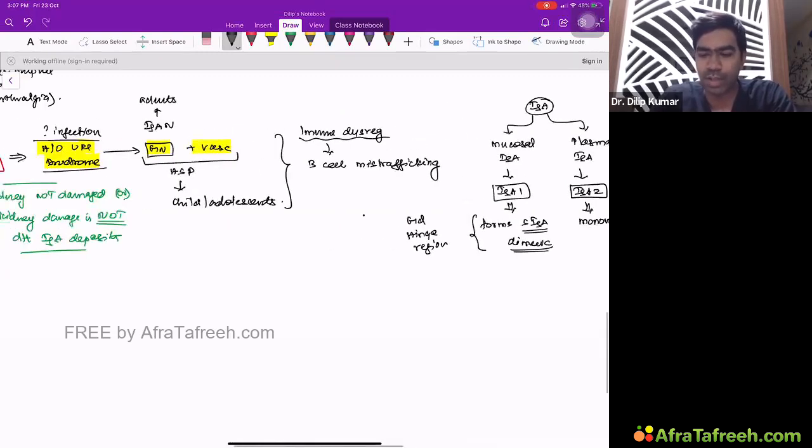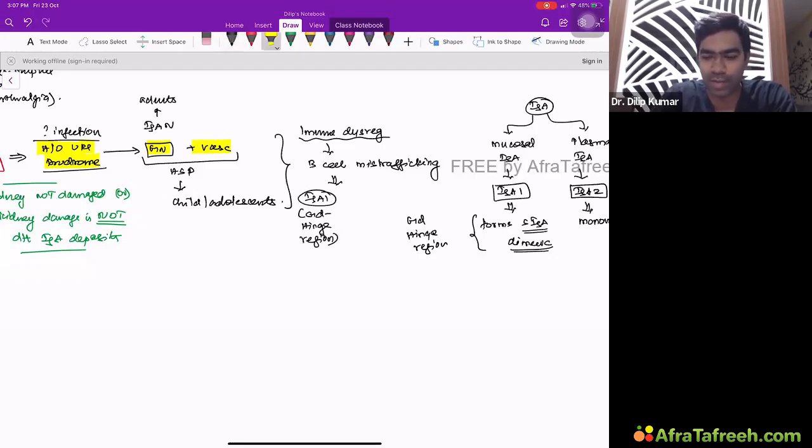What really happens is, because of B cell mistrafficking, these patients will have mucosal IgA in the blood. So there will be entry of mucosal IgA in the blood, which means IgA1 that has this galactose deficient hinge region, due to some unknown reasons, which means due to the immune dysregulation happening in the background, that is, B cell mistrafficking, that produces IgA1 that enters the blood from the mucosa.